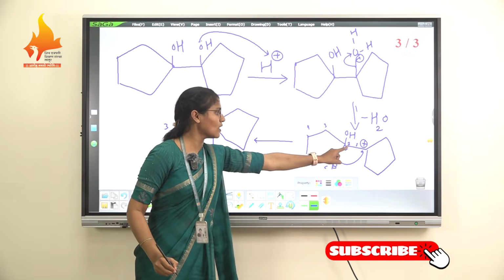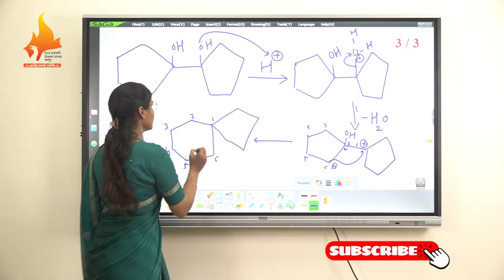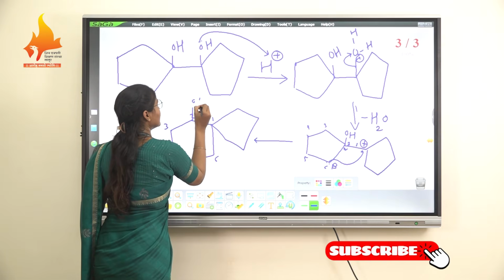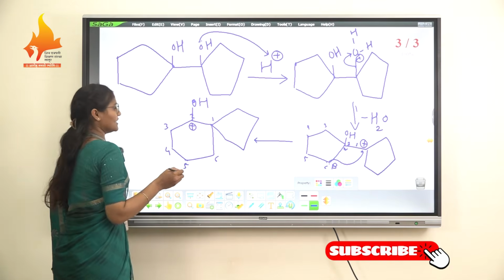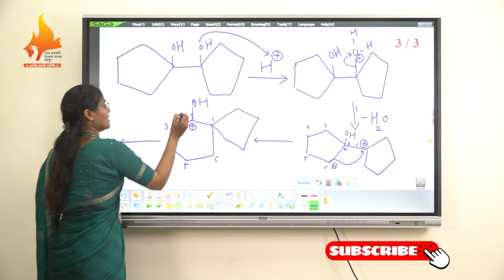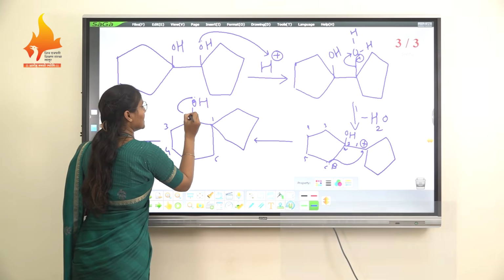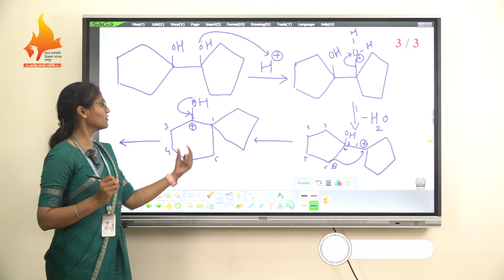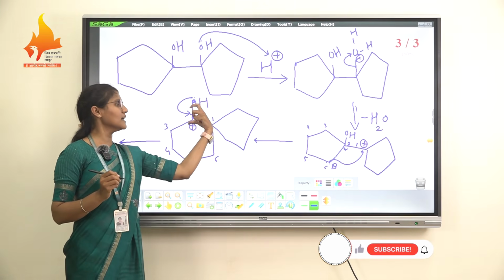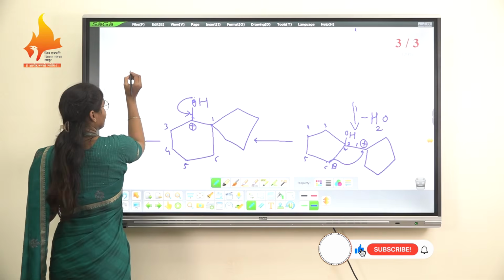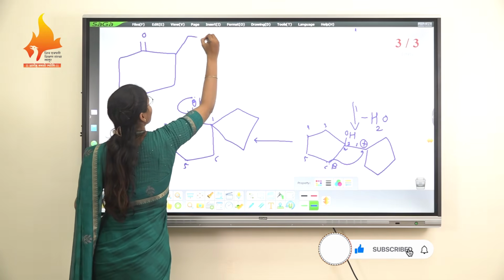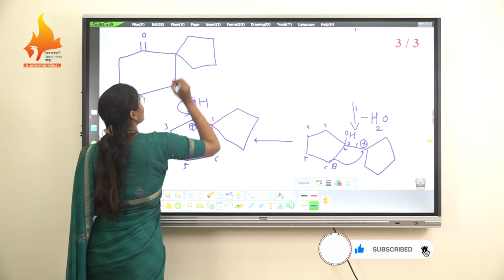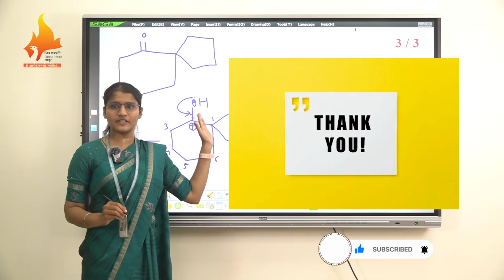We know that on the second carbon there is an OH, and the positive charge is here. After this, the lone pair of oxygen shifts into the empty p orbital of carbon. So we will get a double bond between carbon and oxygen, C double bond O, with the 5-membered ring attached to it. This is the product for this reaction.